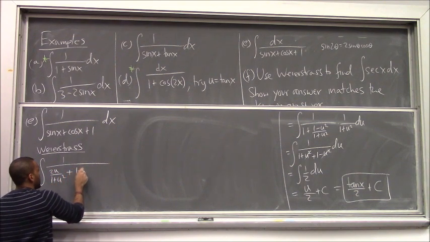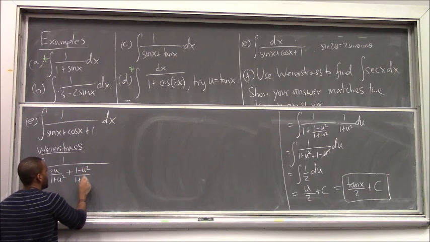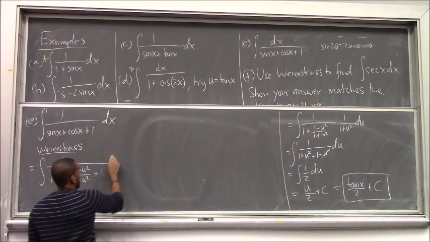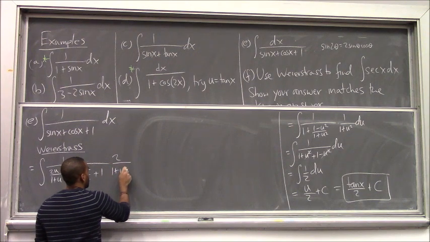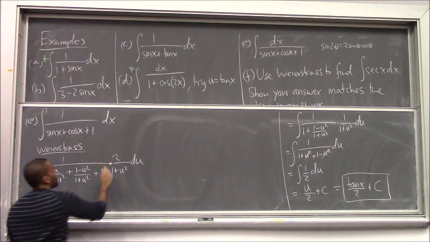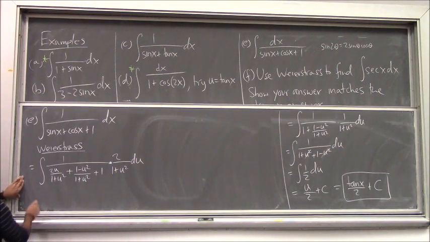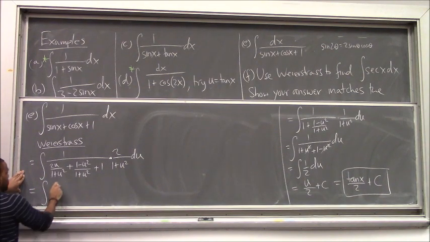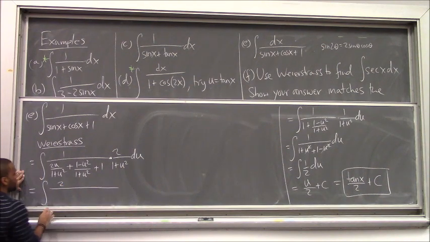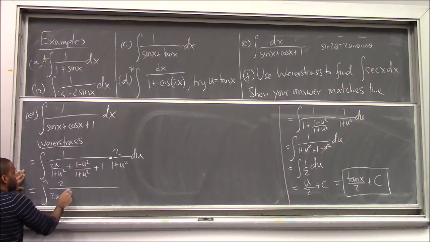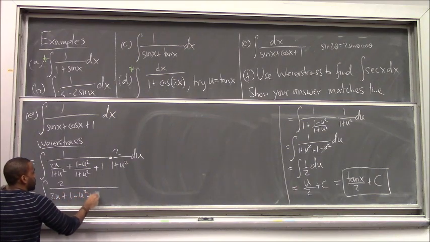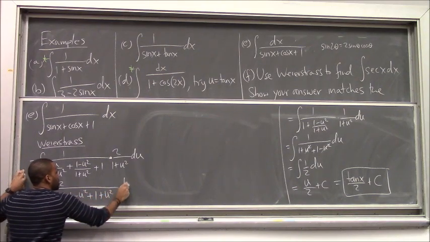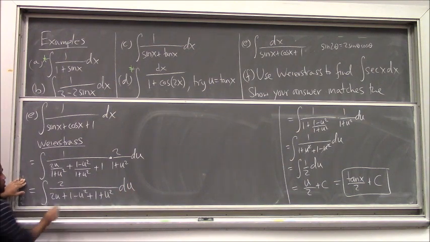The cosine of x is 1 minus u squared over 1 plus u squared. 1 is just 1. And dx is 2 over 1 plus u squared du. The u squares die.